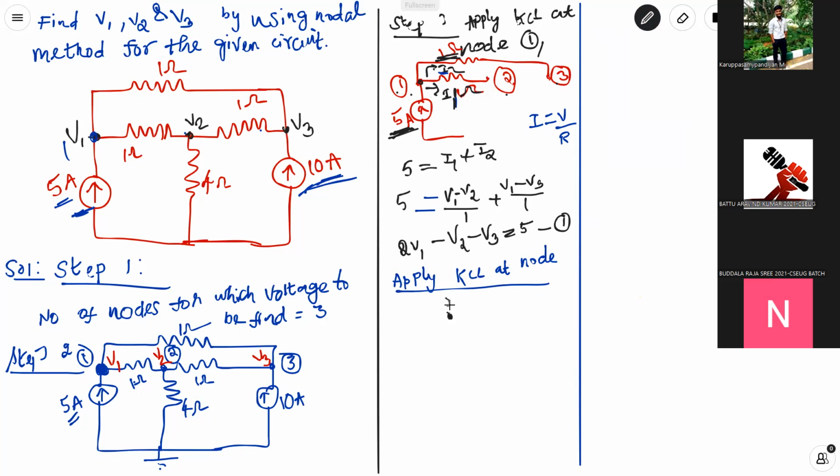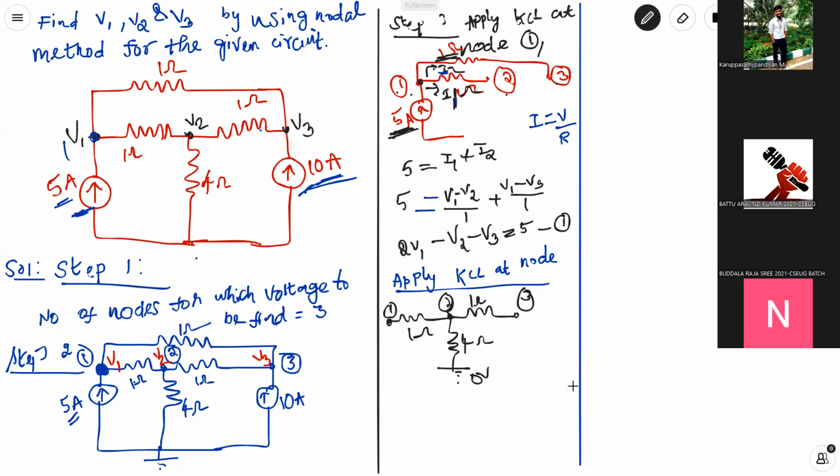So this is node number 2, which connects a 1 ohm to node 3, and this side again a 1 ohm to node 1, and the middle 4 ohm is connected to the 0 potential ground. This is actually ground, right? And this voltage is 0.